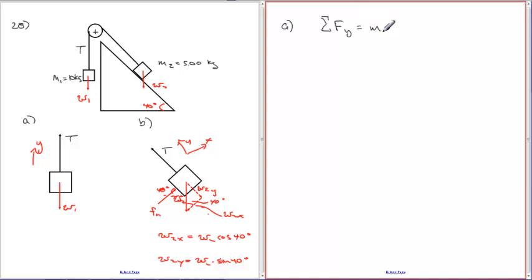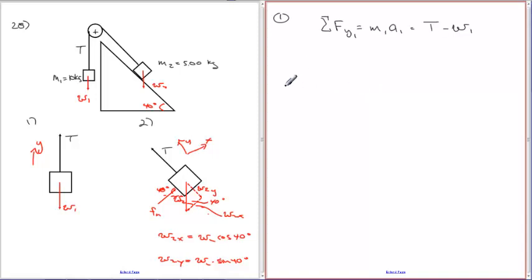I'll call this 1, and we'll call this other one 2. So for 1, the sum of the forces in the y direction for 1 is M1 A1, and that's equal to, we have two forces. We have T going in the positive y direction, and we have the weight going in the negative y direction.